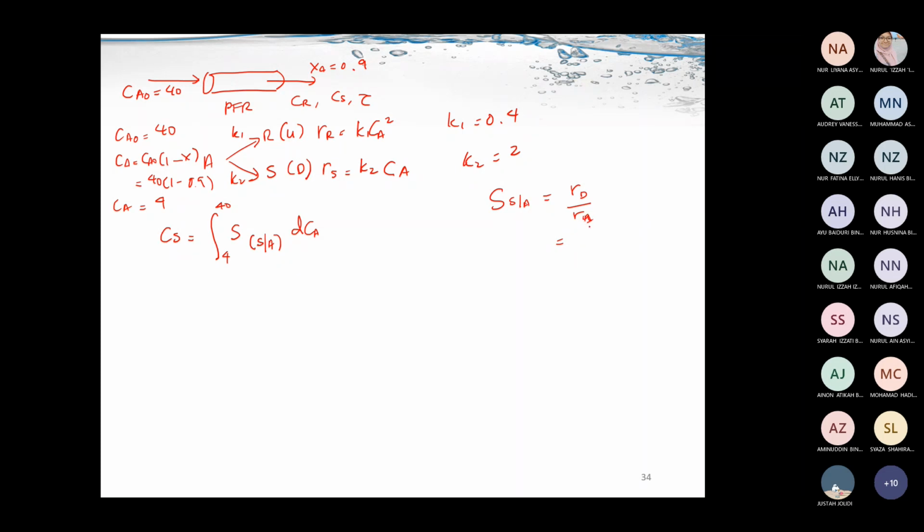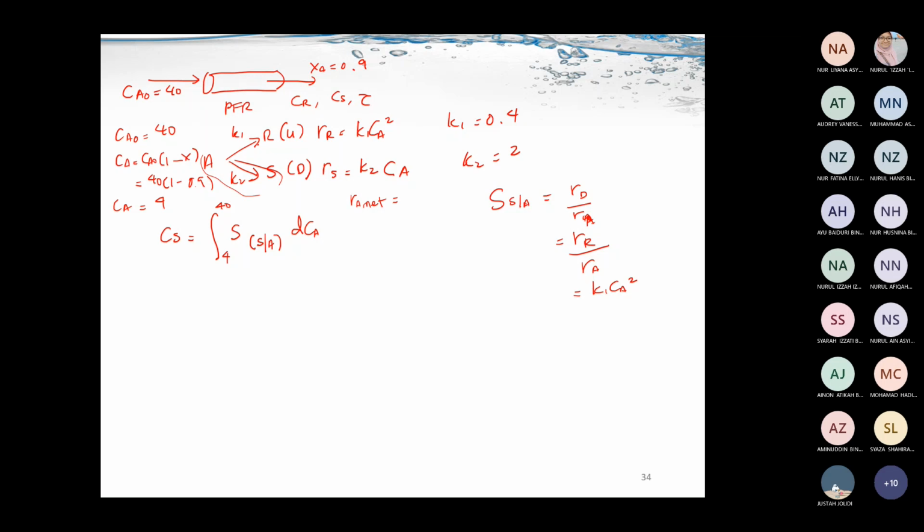So RD, what is RD? Sorry, ni desired, I cakap RR lah. Yang confused, sorry. I nak cakap D tu is desired, over with the RA. So RR adalah sini which is K1 CA2. Remember, RA adalah R net dia. Sekarang ni adalah R net sebab dia berkaitan dengan this one and also this one.